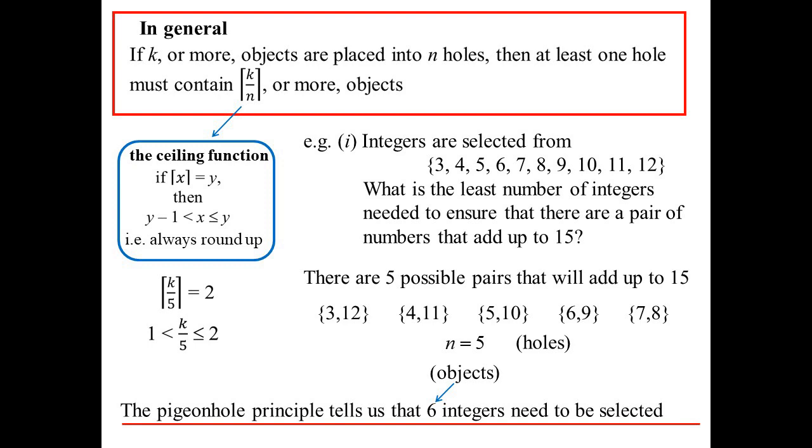Right? So the inclusion is on the 2, but not on the 1. Multiply by 5, I get that k has to be in between 5 and 10, but not including 5. So the smallest number that I need is 6. I mean, 7 would do it as well, 8 would do it as well, 9 would do it as well, 10 would do it as well. But it's asking us for the least number. 6 would be the smallest.